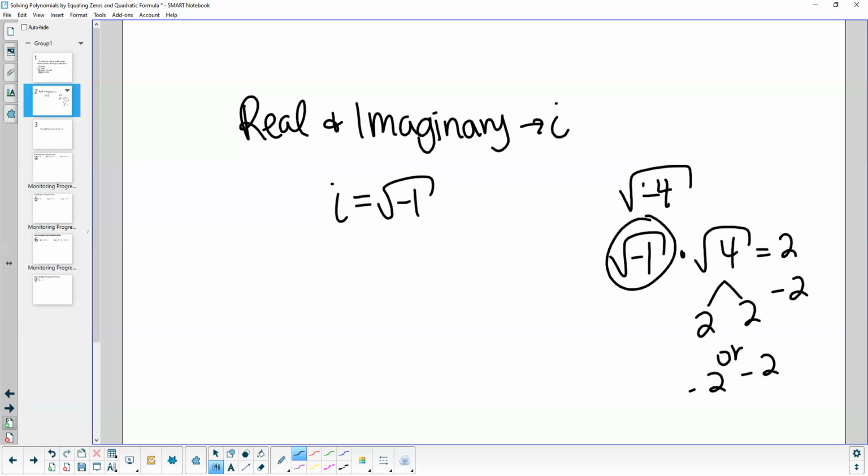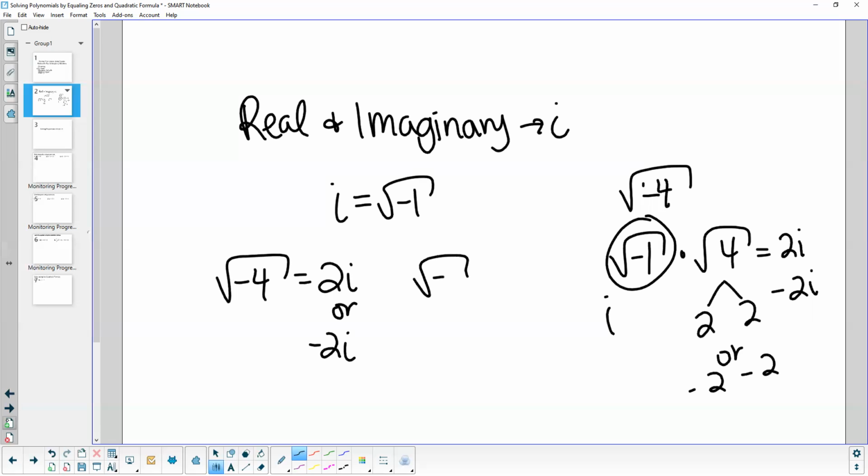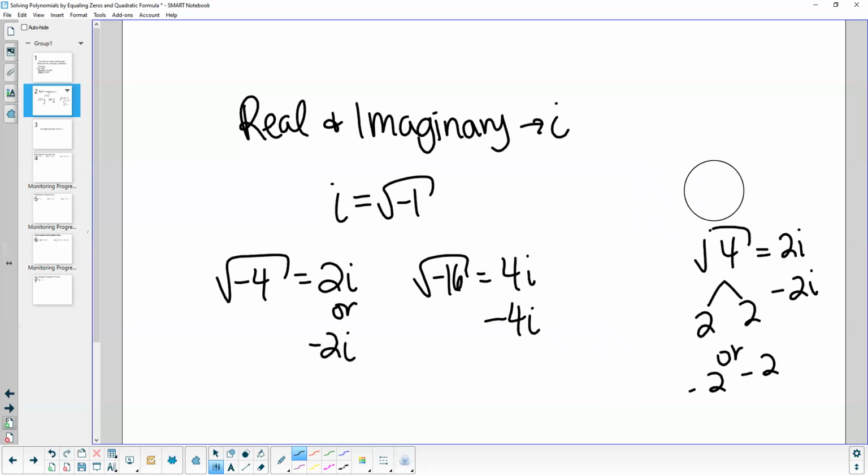But because the square root of -1 equals i, all that happens here is we just tag an i onto those. So the square root of -4 is just 2i or -2i. The square root of -16 is just 4i or -4i because the square root of 16 is just 4.